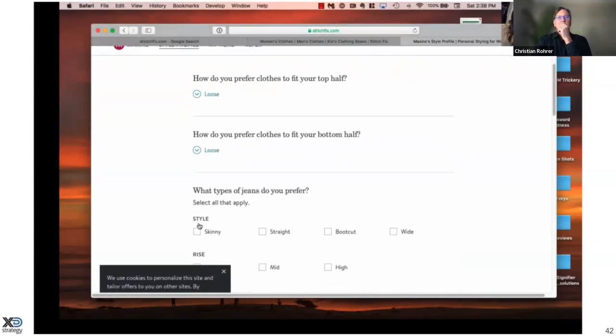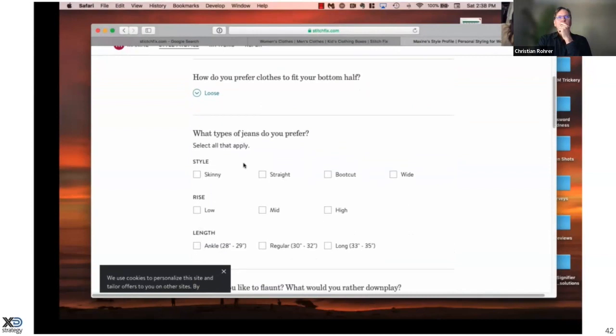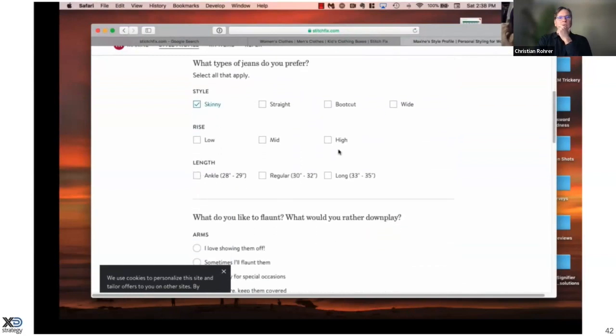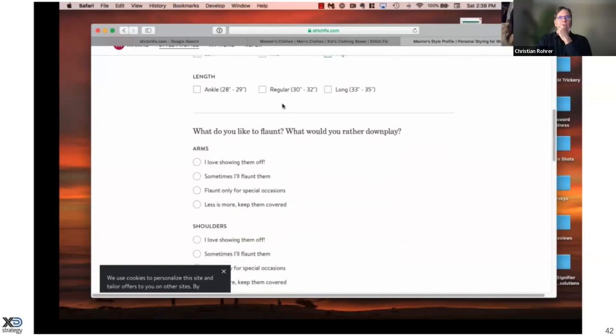Oops. Kind of like all these, but I do too. I was going, well, wait. It depends on what I'm wearing. yeah, exactly. I guess I'll say skinny. Rise, definitely high. Ankle.